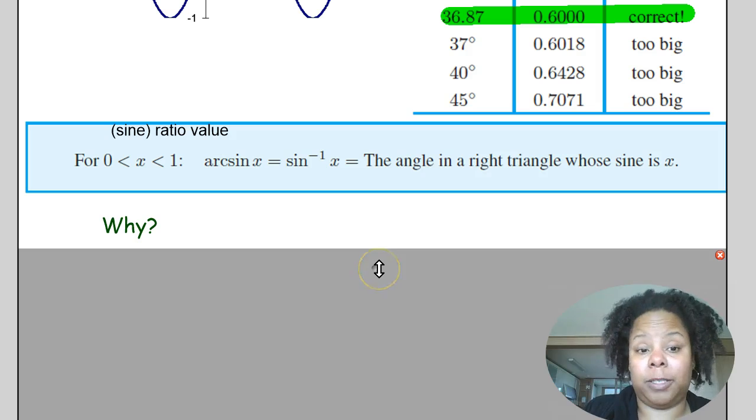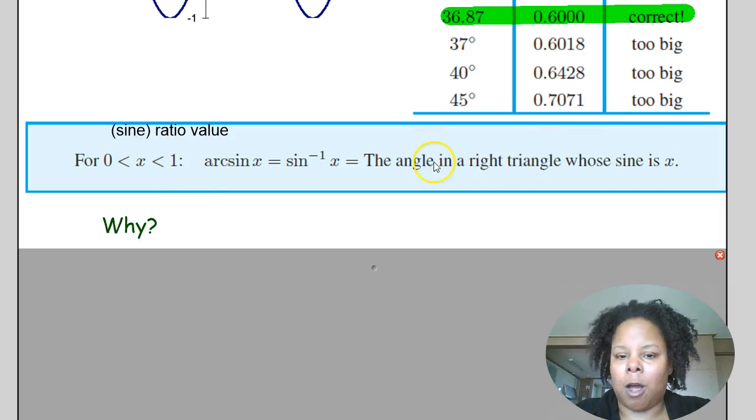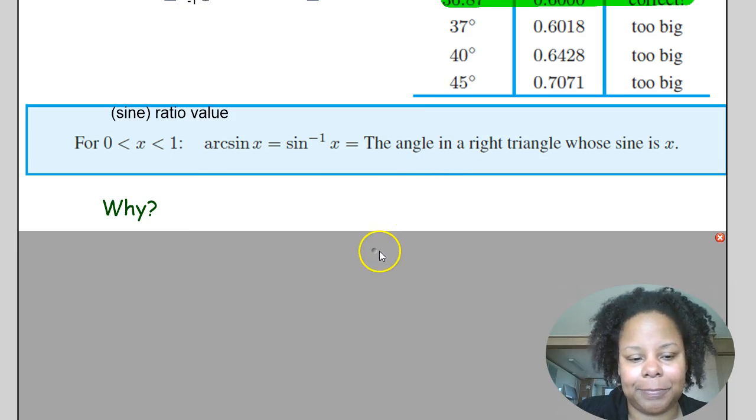This is a little bit different, because no longer is our domain every single x value; here our domain is restricted to between 0 and 1, not including 0 or 1. That means our answer should be an angle between 0 and 90 degrees, not including 90 degrees.